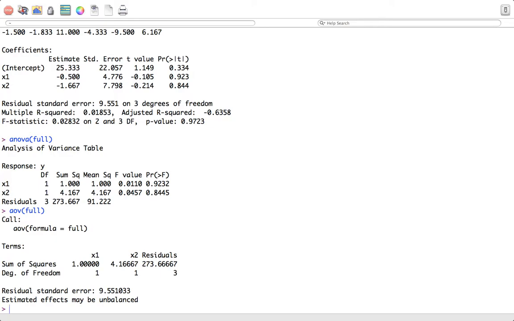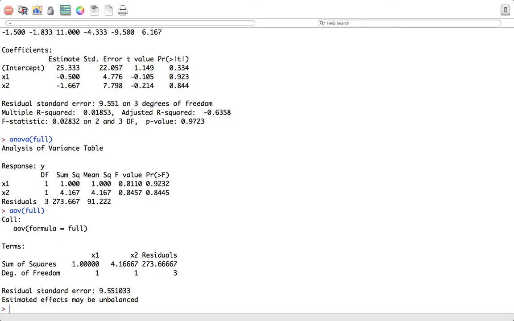Our degrees of freedom will be 2, and our sum of squares will be 5.167, and our error sum of squares has degrees of freedom 3, and it is 273.67.